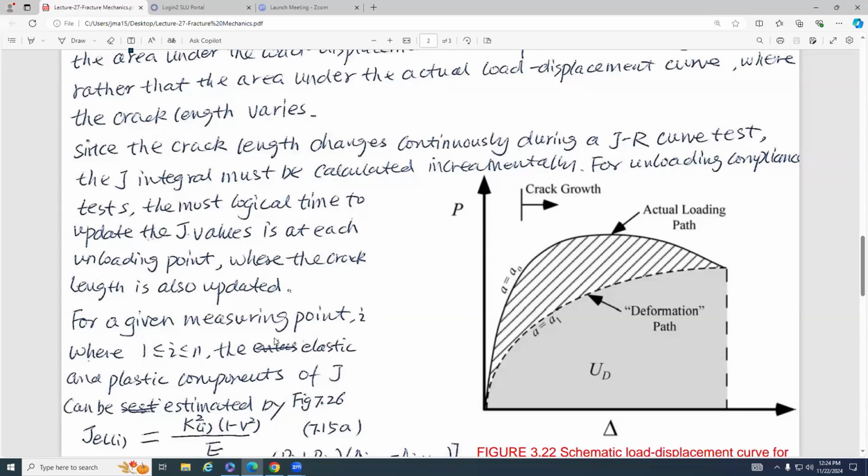So the elastic and the plastic components of J at that point, for that point only, that point corresponds to a fixed crack length, can be estimated by this Figure 7.26, and Figure 27.6 is this.